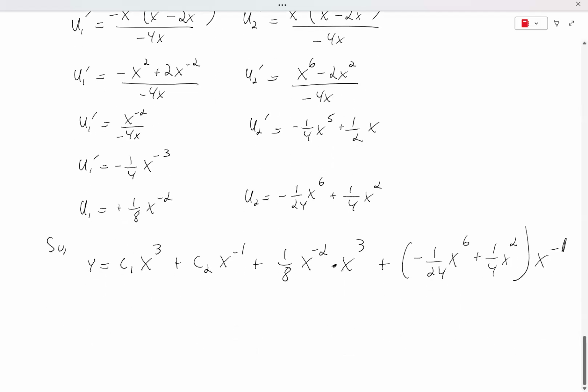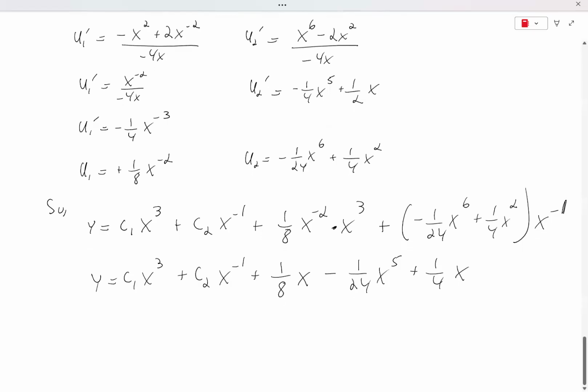Okay, and then basically to simplify it out here, so c sub 1 x cubed plus c sub 2 x to the negative first, plus that'd be 1/8 x, I think there, plus, and this would be negative 1/24 x to the fifth, plus, and this is distributing here, 1/4 x.